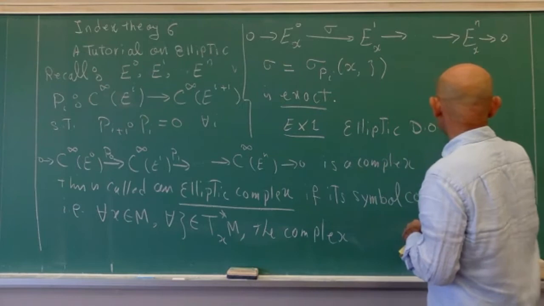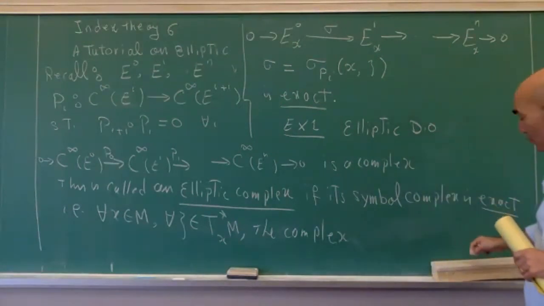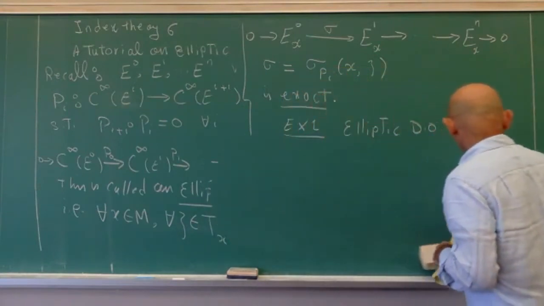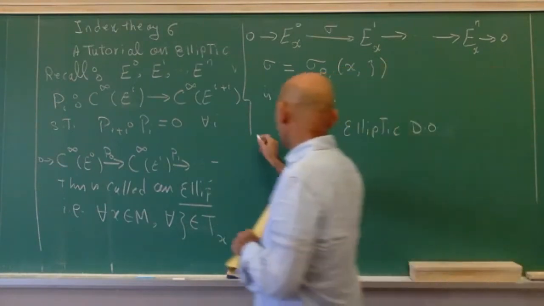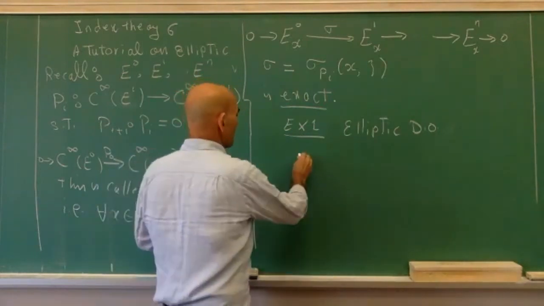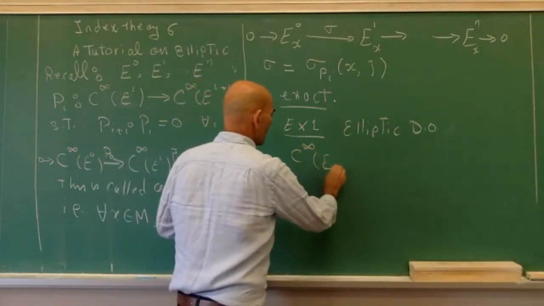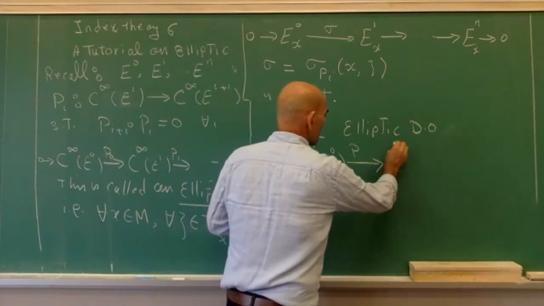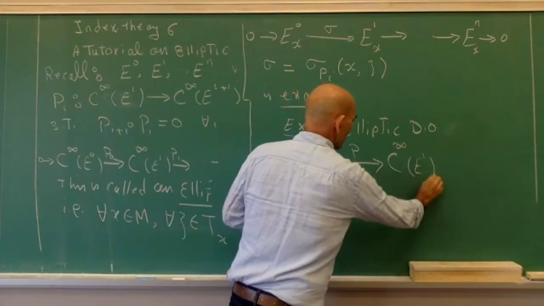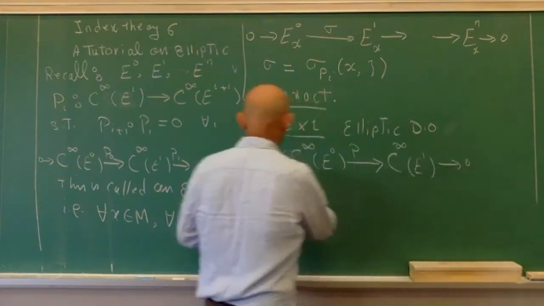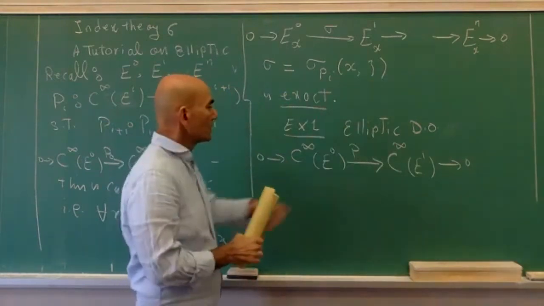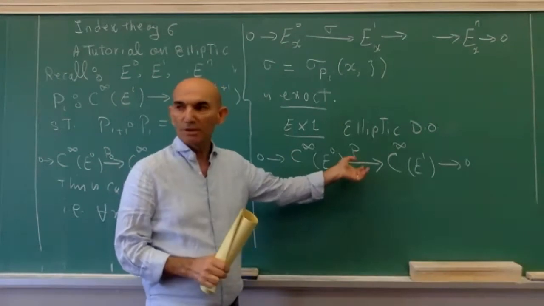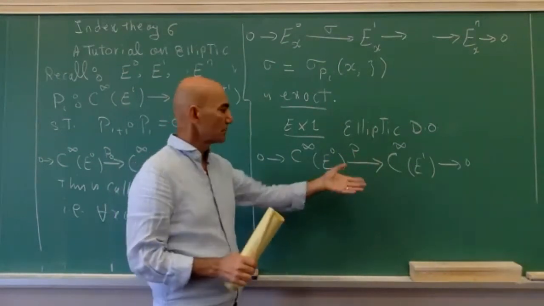So elliptic differential operators are examples of such elliptic complexes simply because we can just take these two terms as a complex. So here we have C infinity of E0, and this is P, C infinity of E1. So the symbol complex for this to be exact just means that the symbol is invertible because there are two terms.